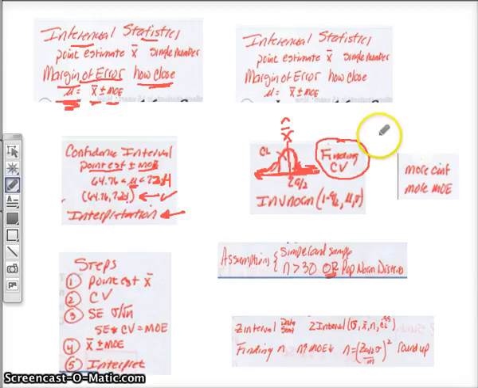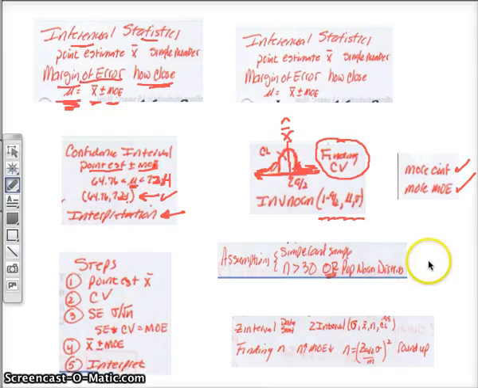That's the gist of it right there. And you can actually find these values on your calculator, okay? But just remember, the more confident you are, the wider the margin of error will be. So hopefully that makes sense.